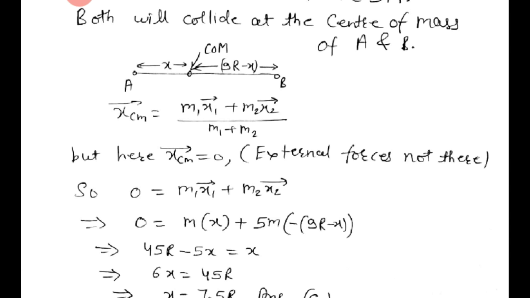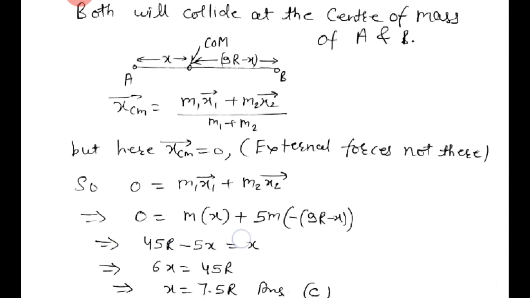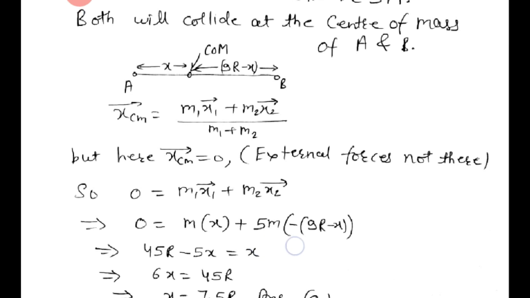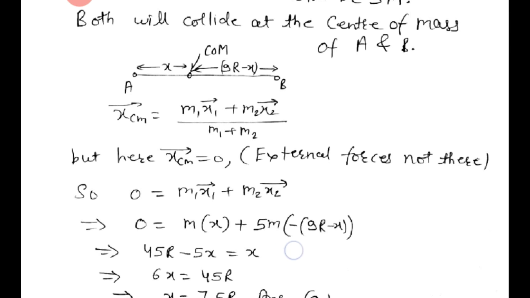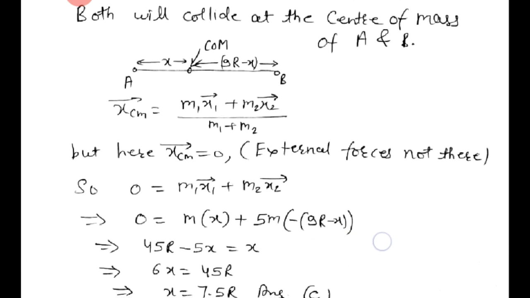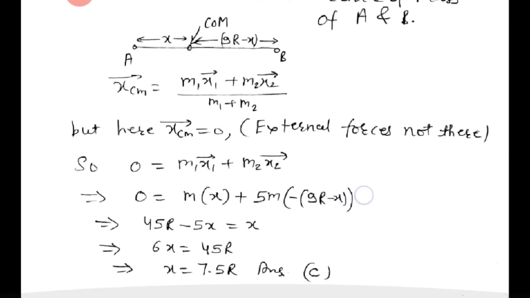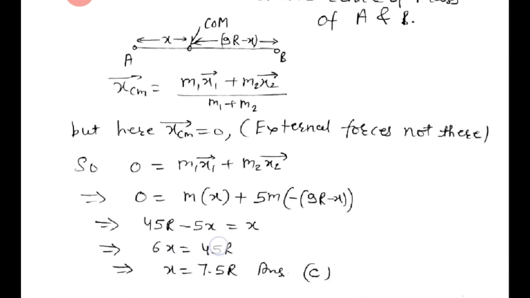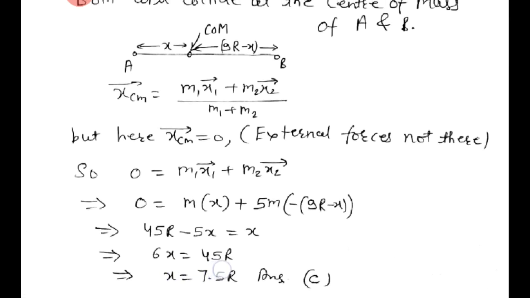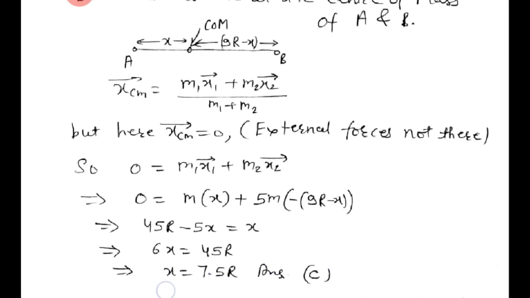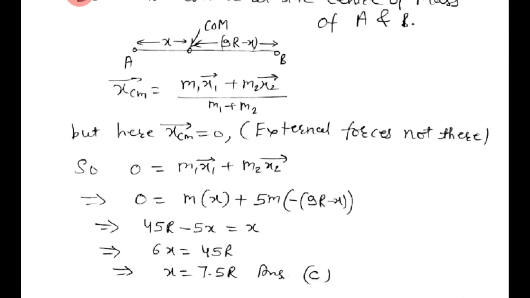Okay, so here 0 is equal to m·x plus the mass m2, which is 5m, times x2, which will be minus of (9r minus x). Solving this we get 45r minus 5x is equal to x, and after this we get 6x is equal to 45r, so x will be 7.5r.